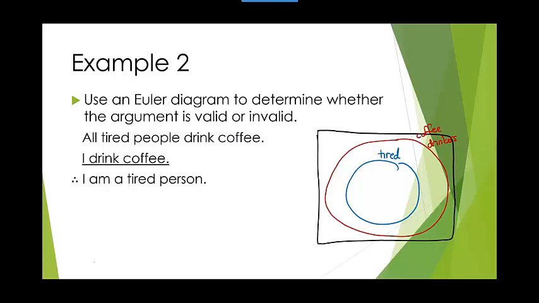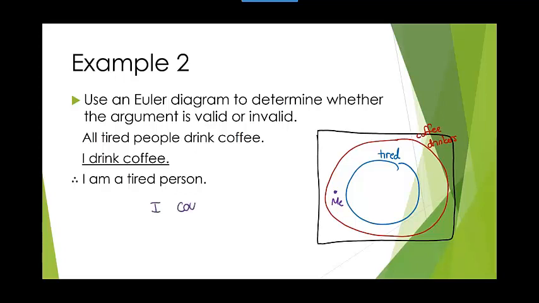But here we have a couple options. So if I drink coffee, I can either be in the donut ring, or I can be inside the tired circle. So I could be, crucially, here. And if I were there, rather than inside the tired circle, then I wouldn't be a tired person.